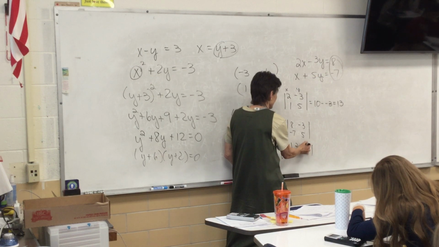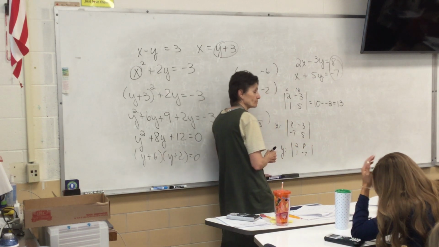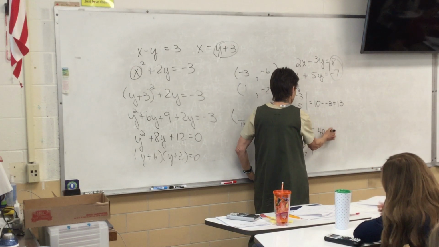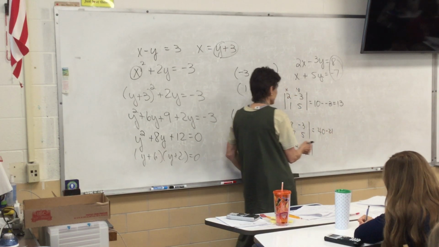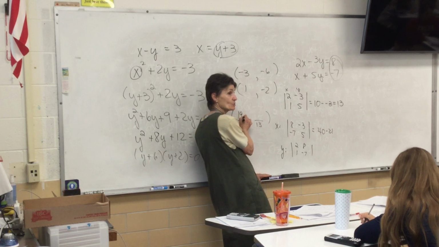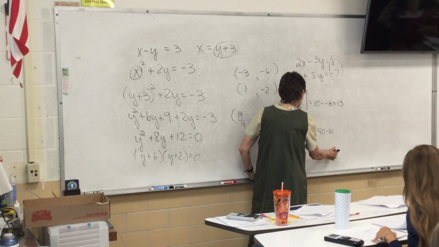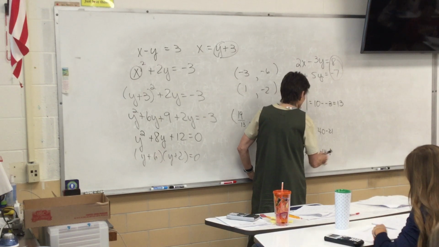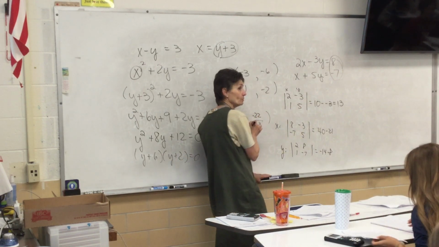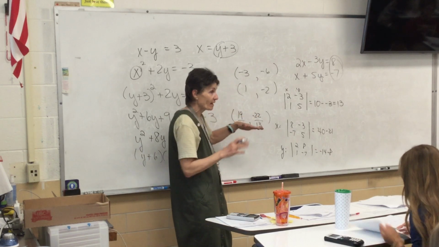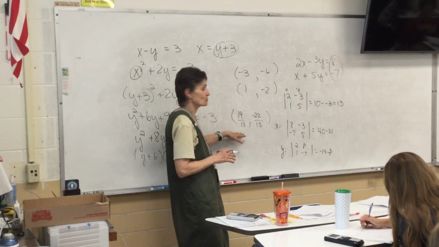So it'll be 2, 1, 8, -7. Negative 22. Now, if those reduce or simplify in any way, you need to do it. Those don't, so we're done.